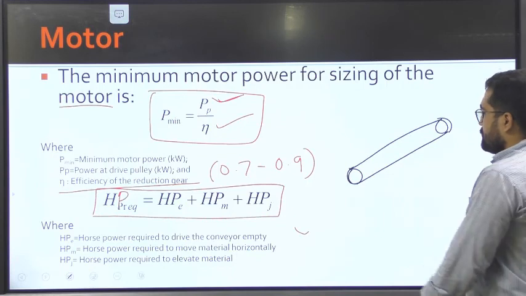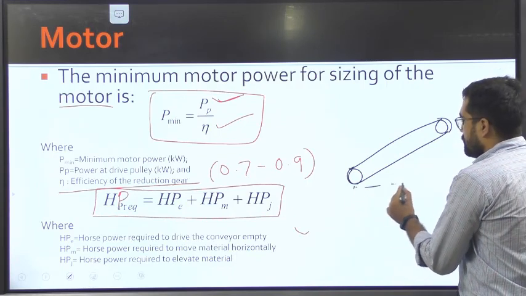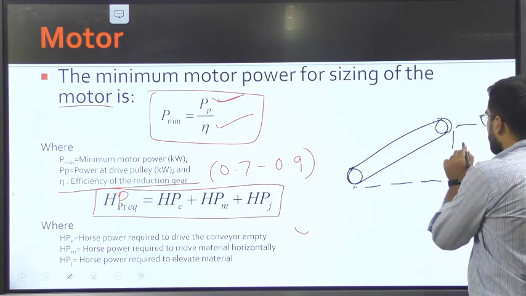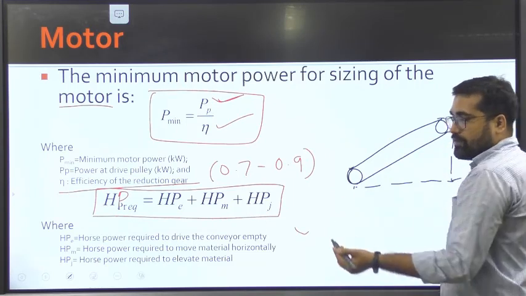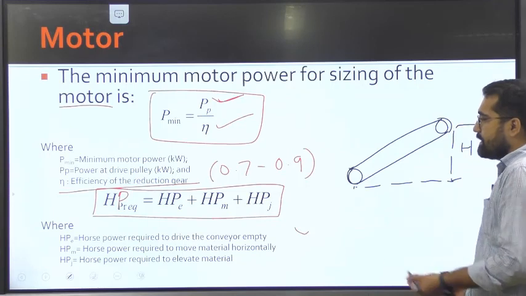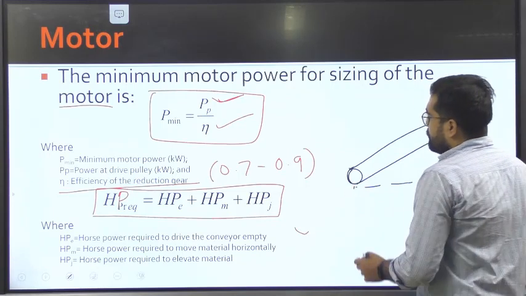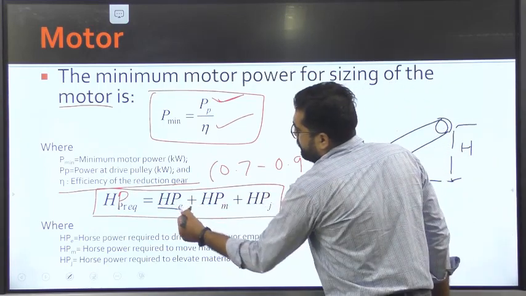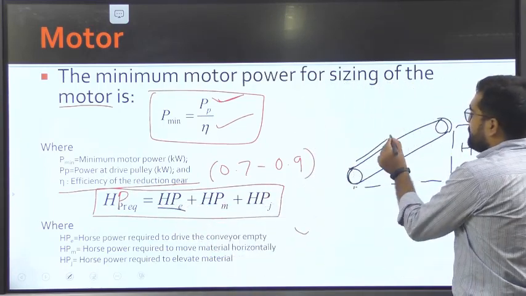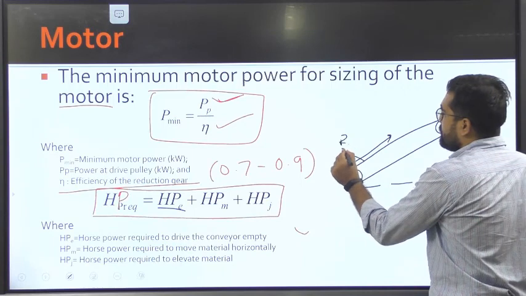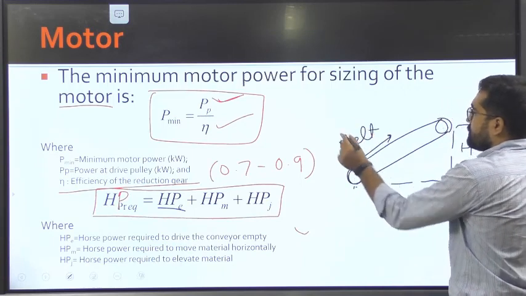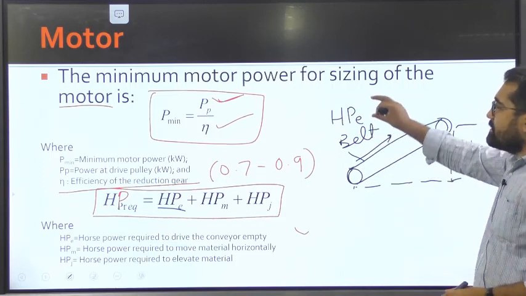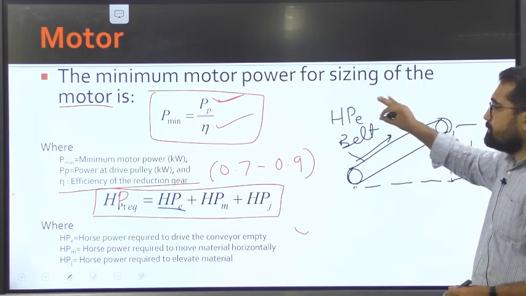We have found out the height also. We know all the tensions, or all the forces acting in all the directions. First, HPE is the power required to move the empty belt, this belt only. How much power is required to move the empty belt, that will be HPE.